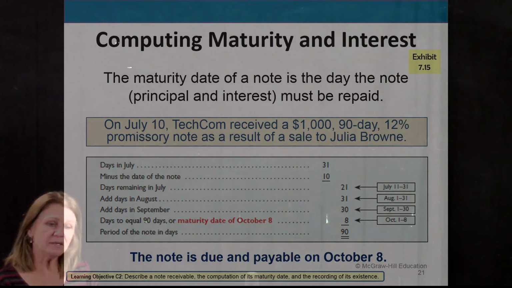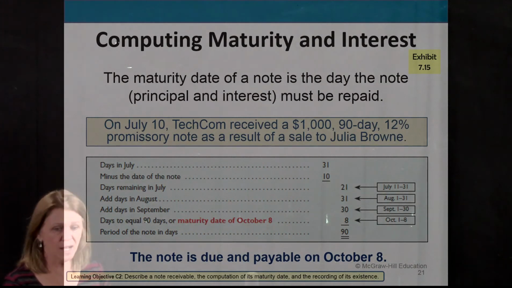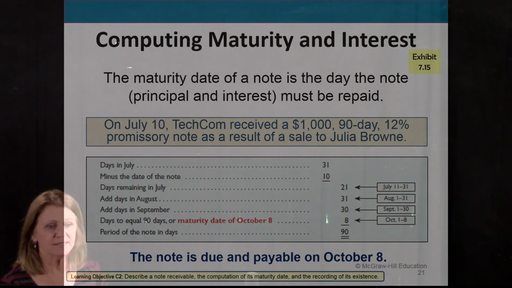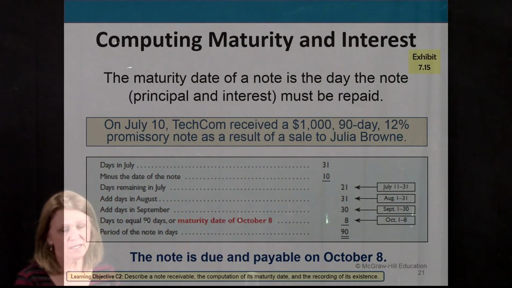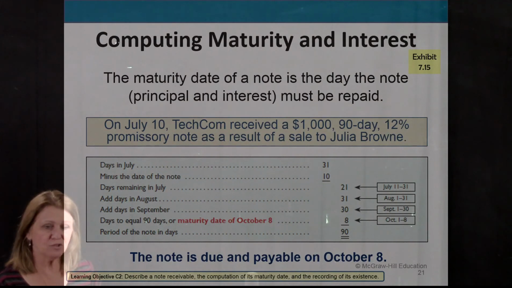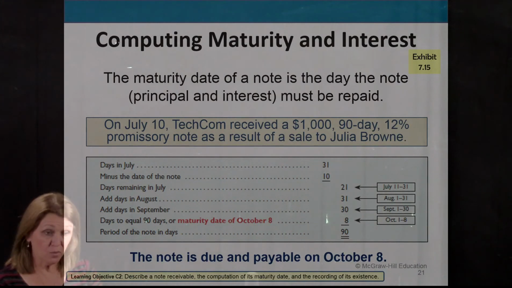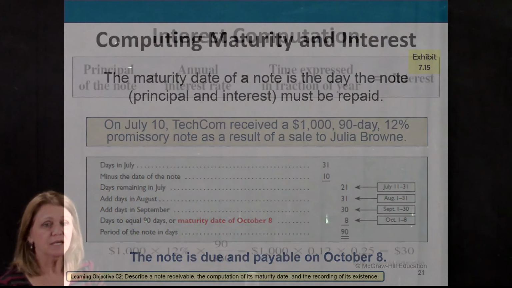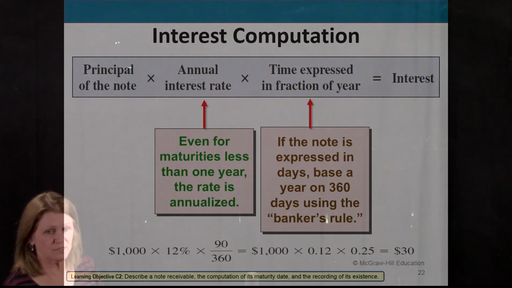So 31 days in July minus 10: days remaining in July are 21, days in August, 31, days in September, 30. So that's 52, 82 days so far. So we know we have 8 days left to the maturity date in October, 90 days. So we've accounted for when it's payable, October 8th, and then we have to calculate the interest.